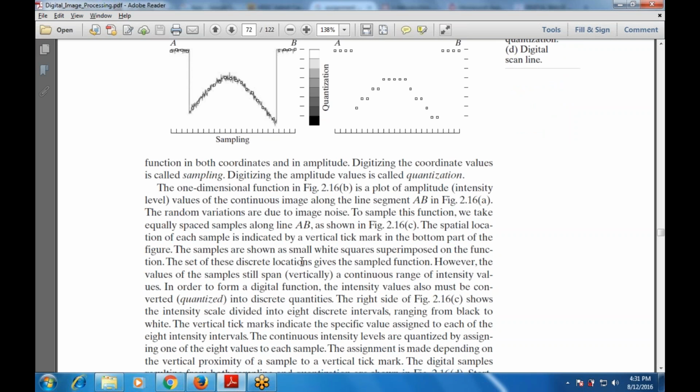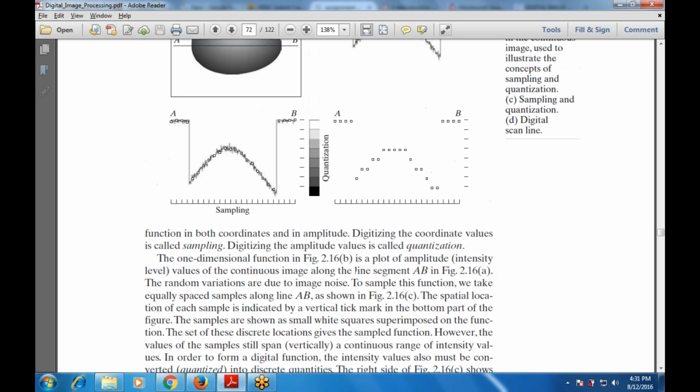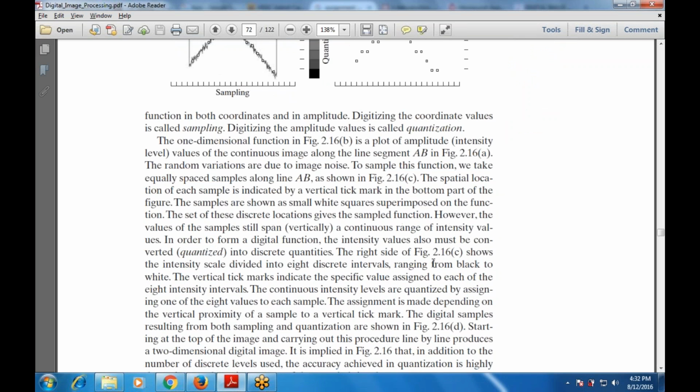The vertical tick marks indicate the specific value assigned to each of the 8 intensity intervals. The assignment is made depending on the vertical proximity of a sample to a vertical tick mark. The digital samples result from both sampling and quantization, starting with the top of the image and carrying out the procedure line by line to produce a two-dimensional digital image.